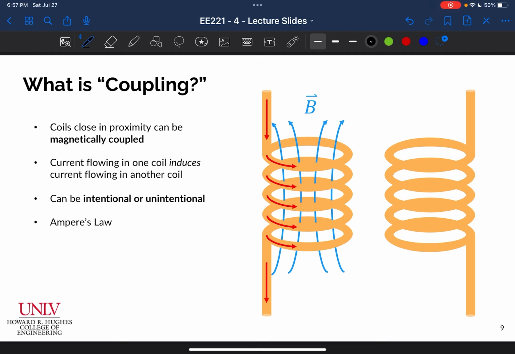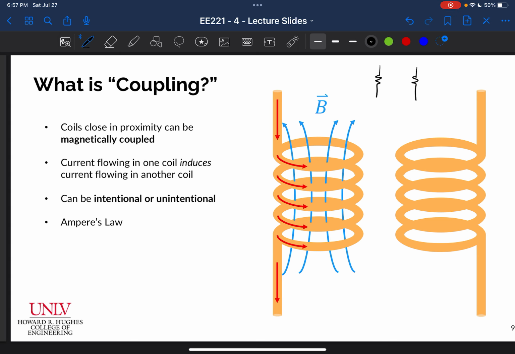It's important to note what coupling means to begin with. Two things that are coupled, basically the behavior of the one thing affects the other thing. So if I have a resistor here and another resistor here and I connect a voltage source to this one, of course we know that a current is going to flow in this one, but nothing's going to happen to the one sitting over here because it's not coupled to this circuit in any way.